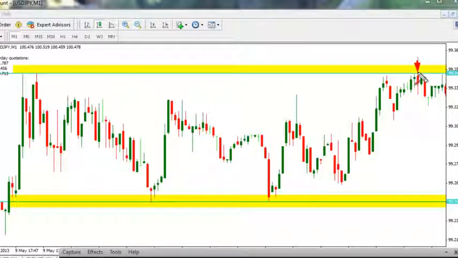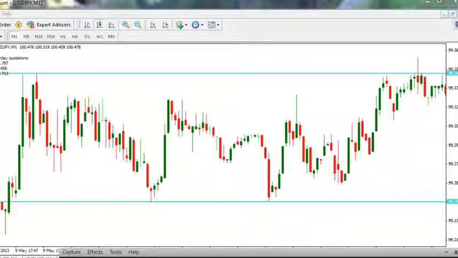So this is where we would look to take a put option or a lower trade with a 5 to 10 minute expiry time if you're trading short-term binary options. So that would be where our entry is. So 1, 2, 3, 4, 5, and that would have been a winning trade. So we have these two areas working for us.